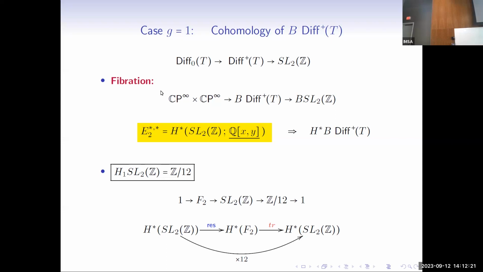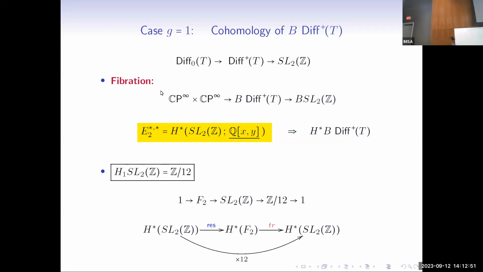So now, one has to compute the E2 term first, right? And say that we work with rational coefficients, it's indicated in there. So one nice thing about SL2Z is that we know the abelianization, right? The first homology of SL2Z is Z/12, right? And the kernel of the abelianization map is a free group on two generators.